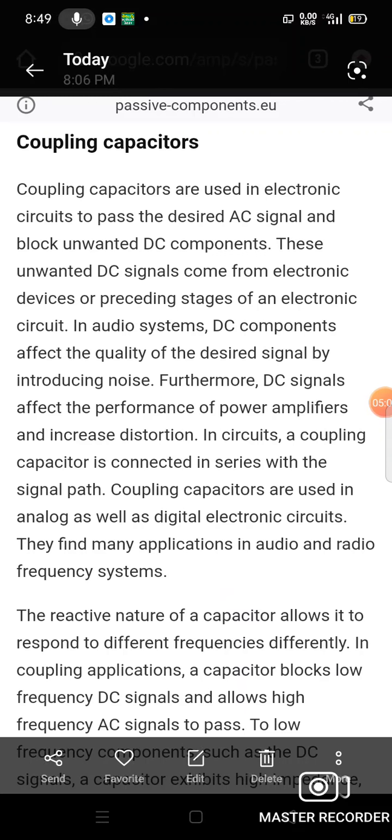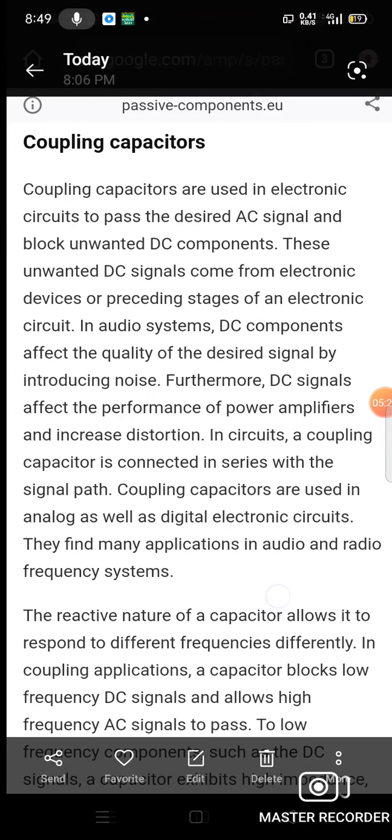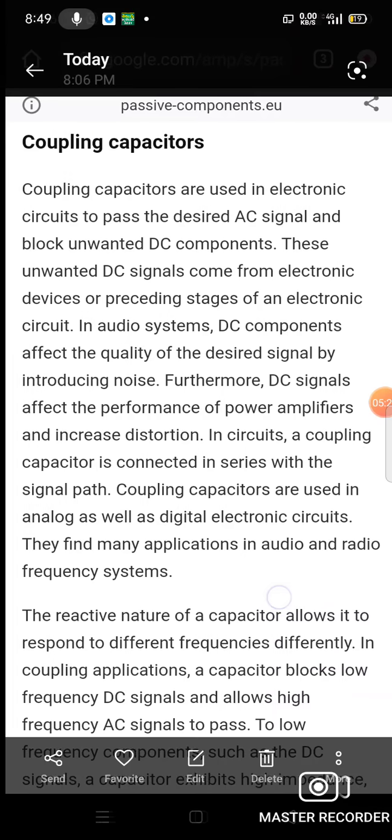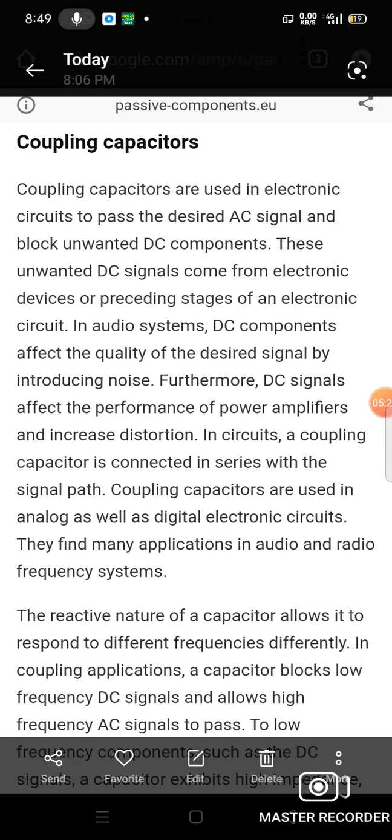Next, coupling capacitors are used in both analog and digital electronic circuits. They find many applications in audio and radio frequency systems.